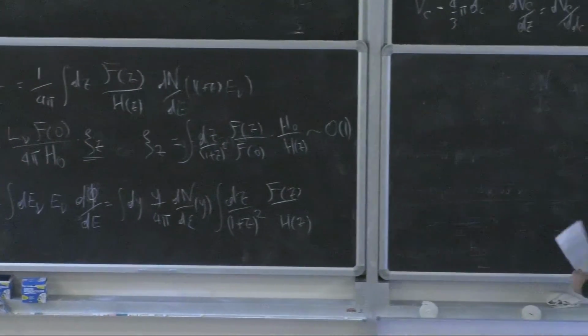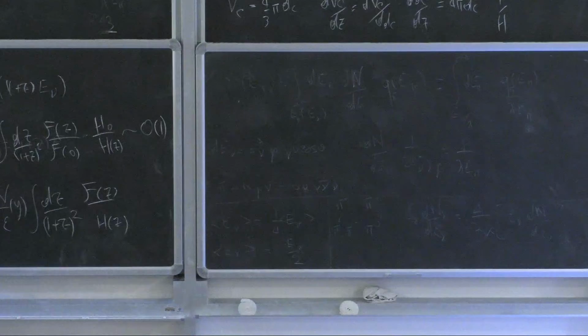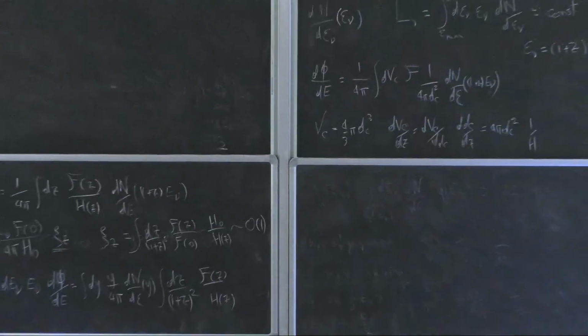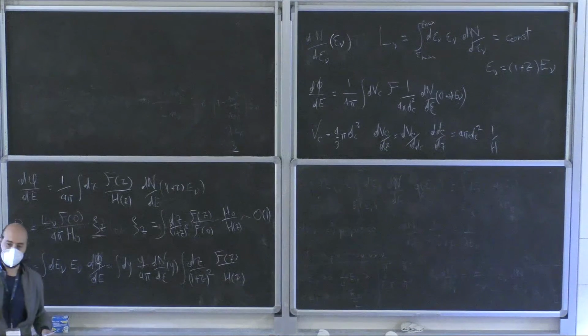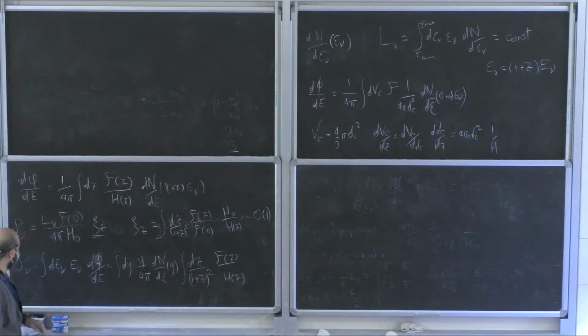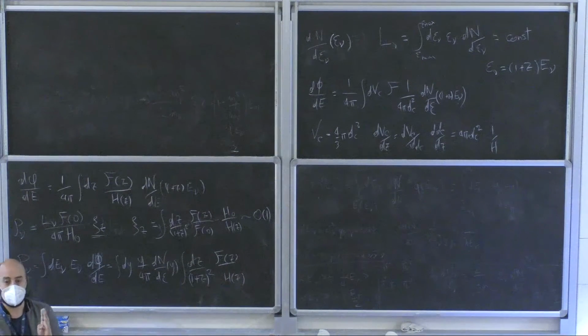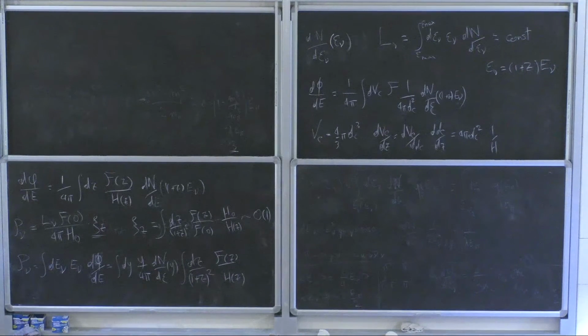Now, using the relations that I wrote before between neutrino energy and hadronic photon energy, I'm wondering, can I relate this thing that I have measured at IceCube with the analogous quantity for photons? Now, in principle, yes, if I limit myself to the photons emitted at the source, because neutrinos are only subject to redshift.